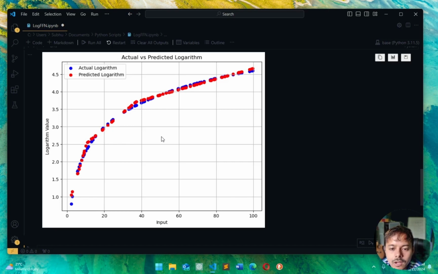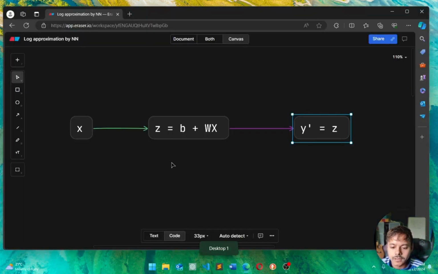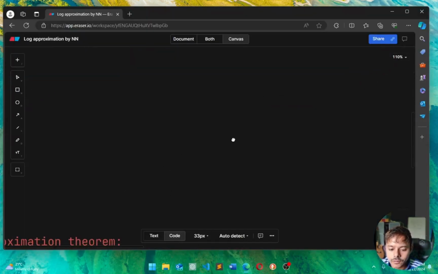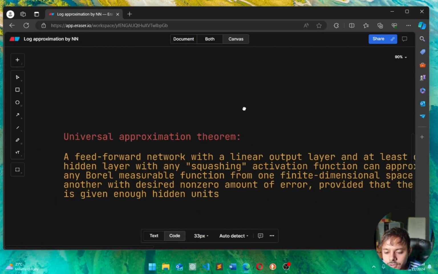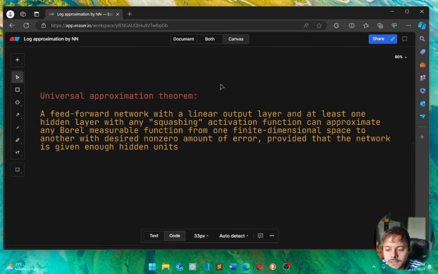What we have seen here is that when we incorporated non-linearity in our model with sufficient hidden units, our model was able to learn the log curve. And also we have empirically proved the universal approximation theorem.